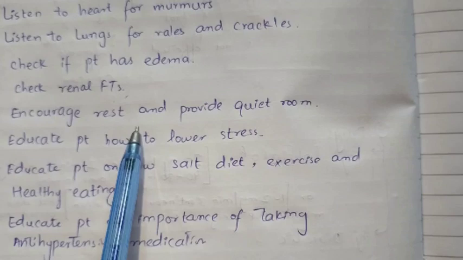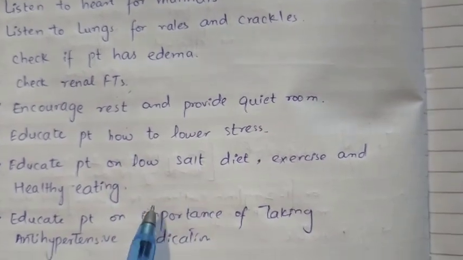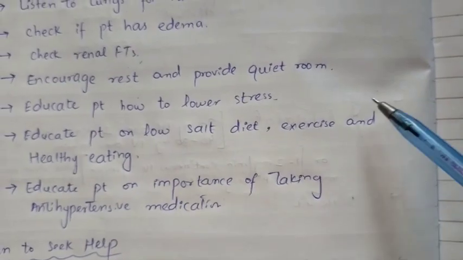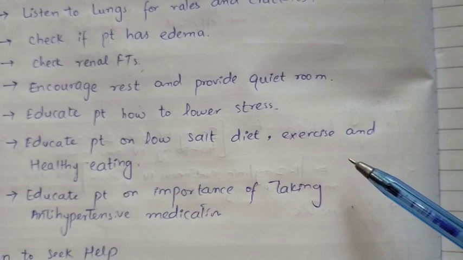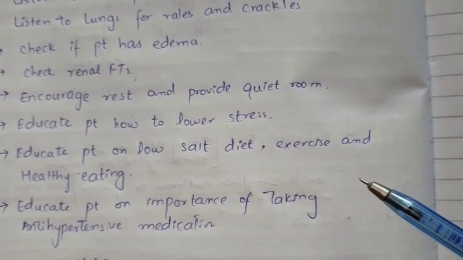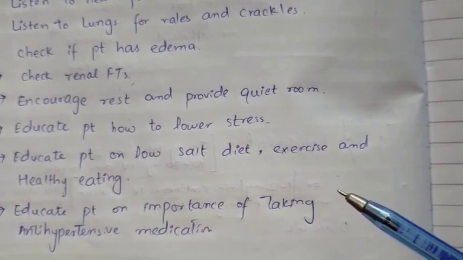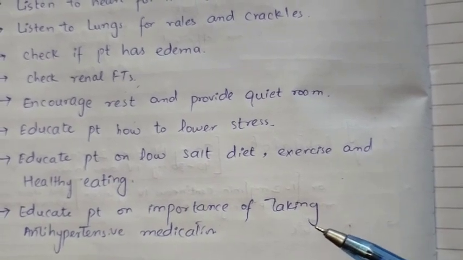Now you should ask the patient to take rest and provide a quiet room, and educate the patient on how to lower stress. Educate the patient to take a diet low in salt, get some exercise in life, and have healthy eating habits.